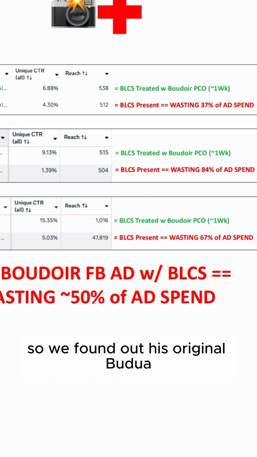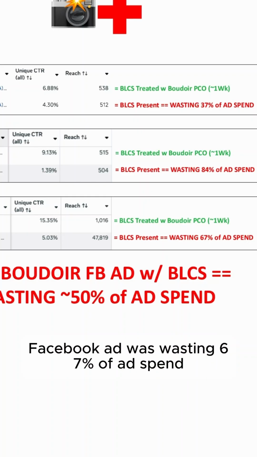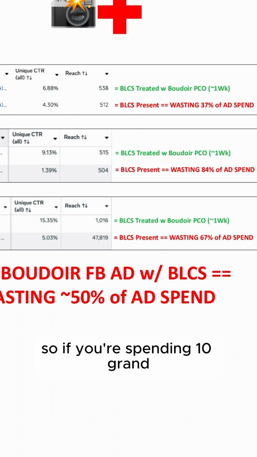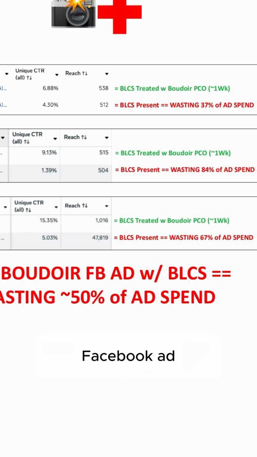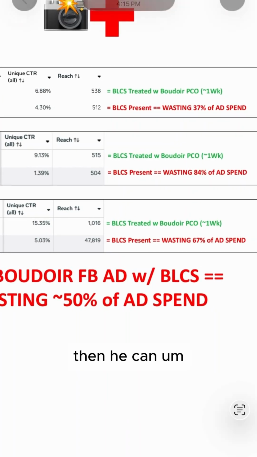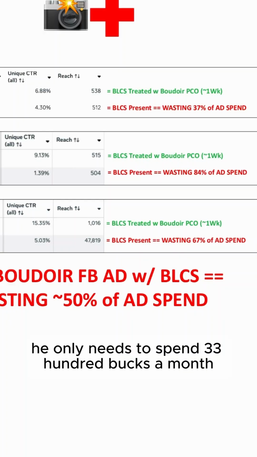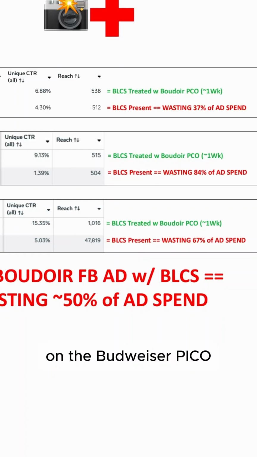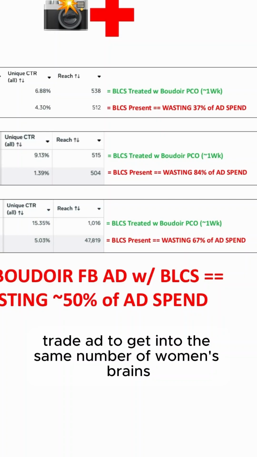So we found out his original Boudoir Facebook ad was wasting 67% of ad spend. So if he's spending 10 grand a month on the original Boudoir Facebook ad, then he only needs to spend $3,300 a month on the Boudoir Pico Treat ad to get into the same number of women's brains.